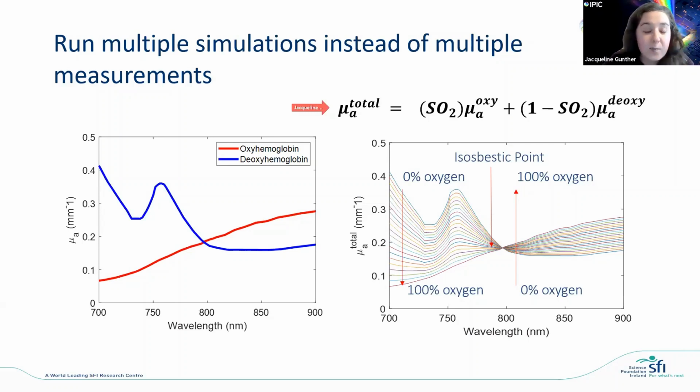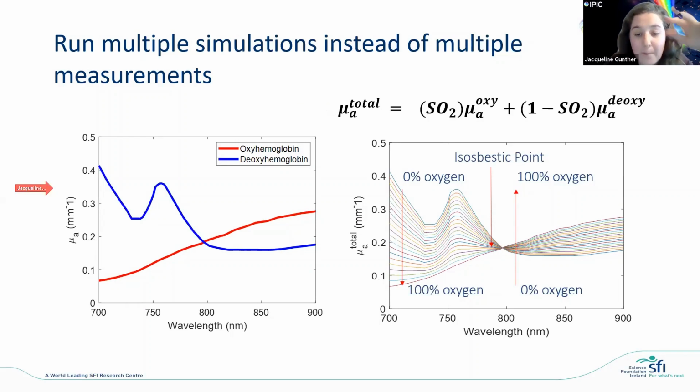So my choices are to get a bunch of vials and make sure they have different oxygen saturations, measure them, and then calculate the spectra. Or I could just use this equation when I already know this information to the left, and I can figure out the absorption for each oxygen saturation.